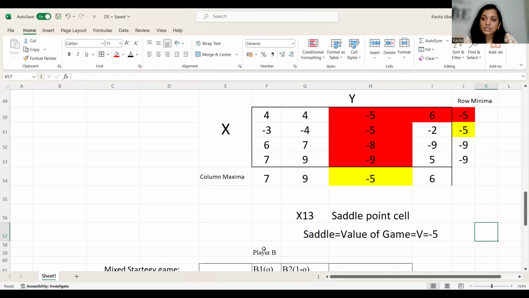If you get a saddle point of the game, then that saddle point is called the value of the game. This is one method to get the value of the game.